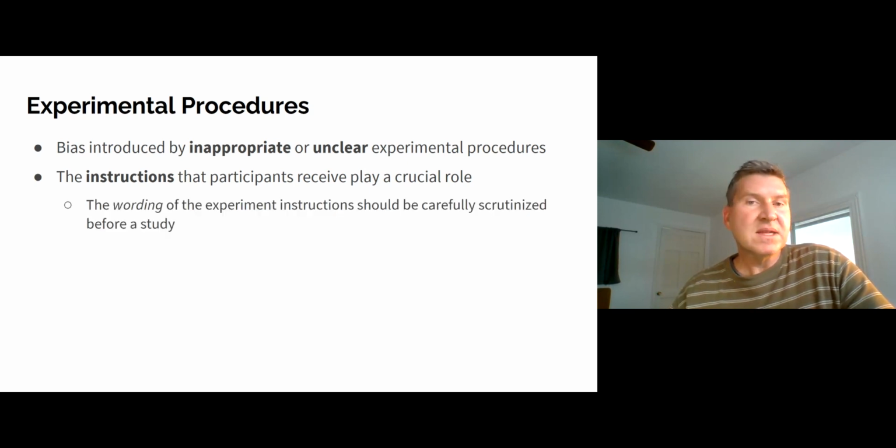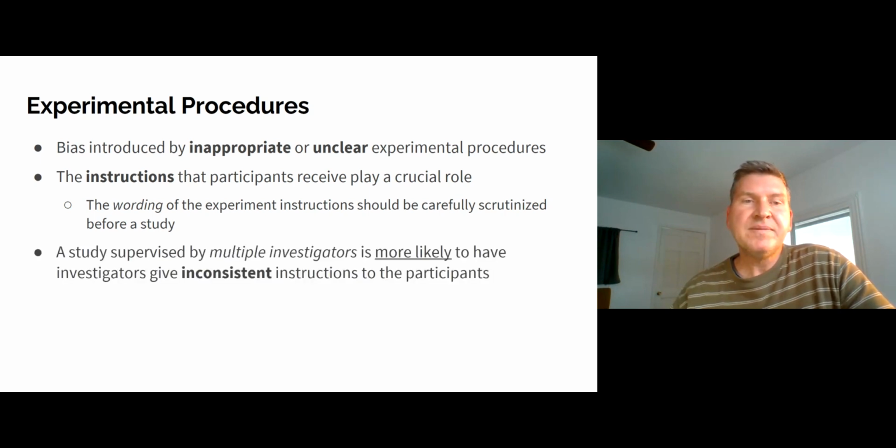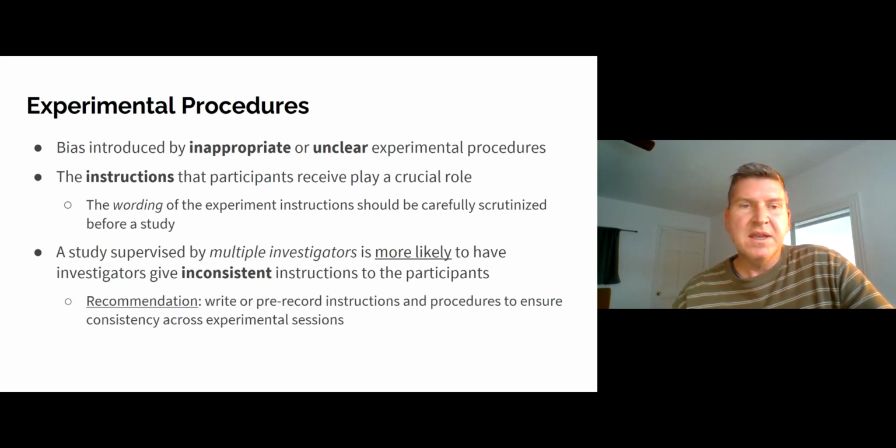So the wording of the experiment instructions should be carefully scrutinized. Also, a study supervised by multiple investigators is more likely to have an inconsistent message as instructions given to the participants. So it's better to either write or pre-record instructions and procedures to ensure consistency.